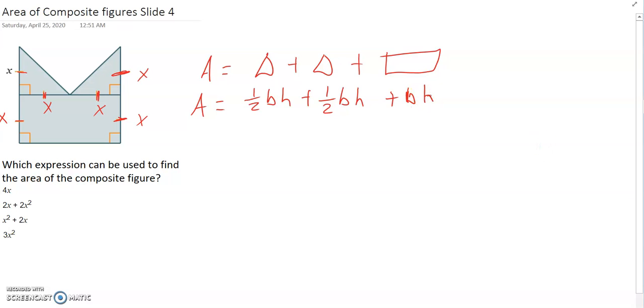All right, so I just need to plug in the bases and heights of the rectangles and triangles. So let's start with this first triangle here. Let's call it number 1. First triangle has a base of x and a height of x. They have to be perpendicular to each other to be base and height.